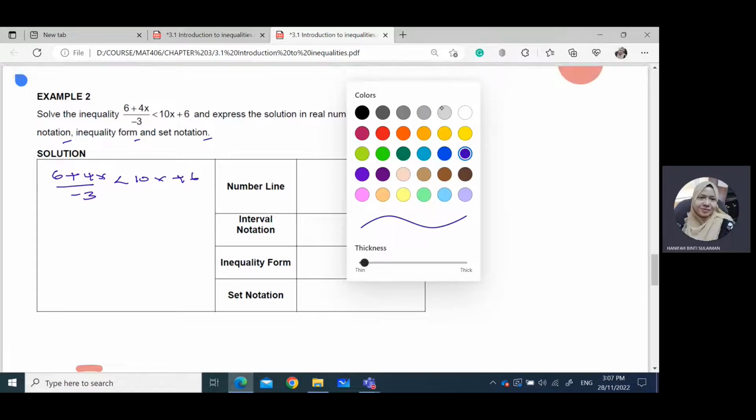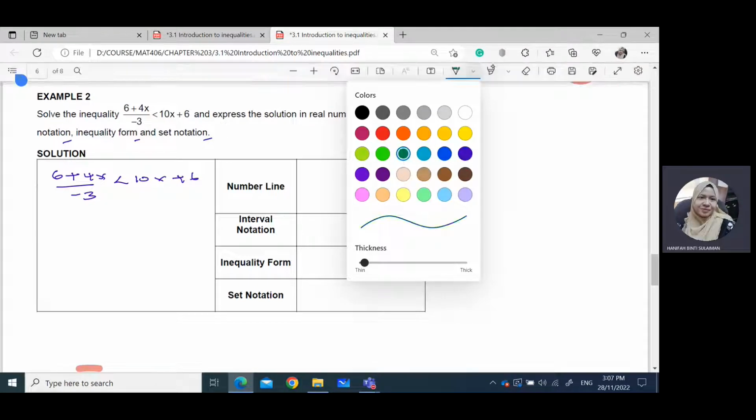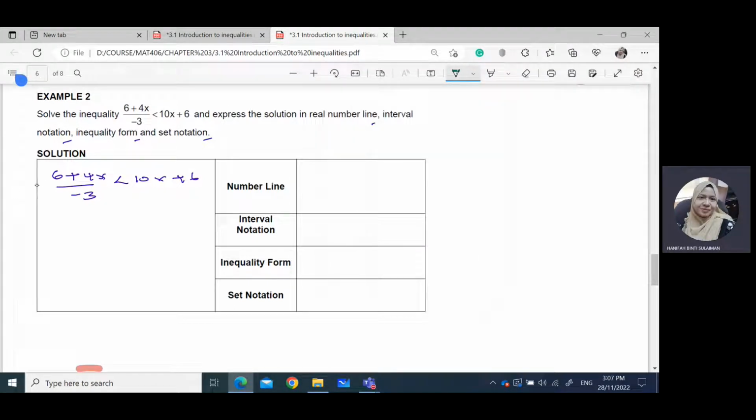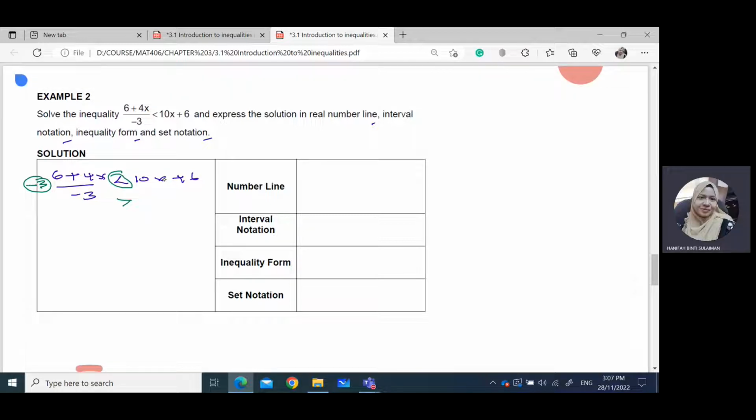Okay. Alright, so for this one, we need to multiply with negative 3 for both sides. So negative 3 multiply with 6 plus 4x over negative 3. So for less than, it will be changed to greater than. And 10x plus 6, we need to multiply with negative 3 also. So this one, inequality ni berubah sebab kita multiply with negative number, which is negative 3.